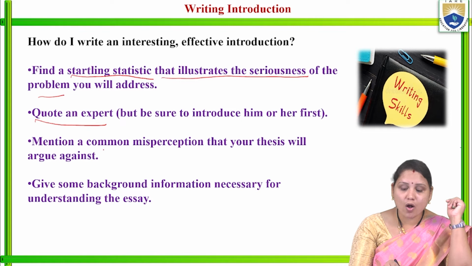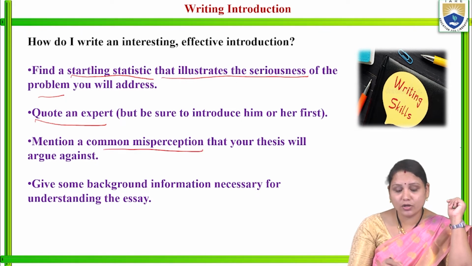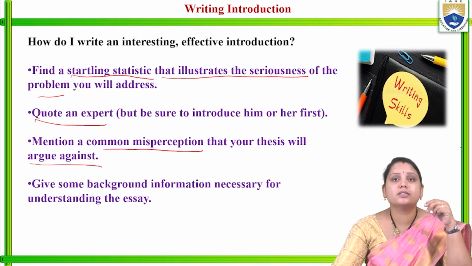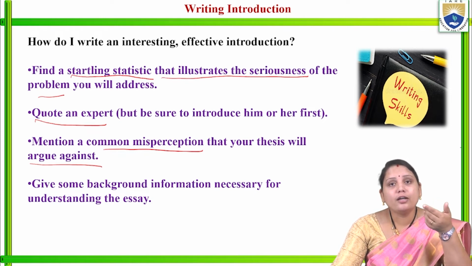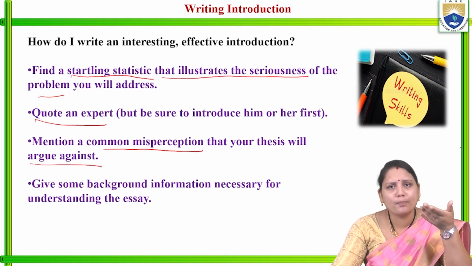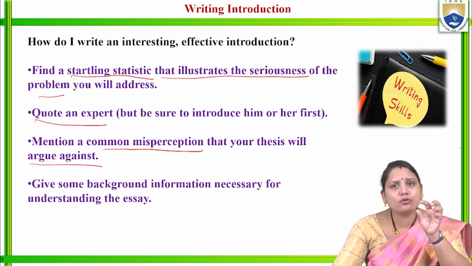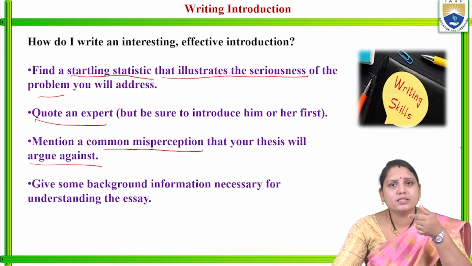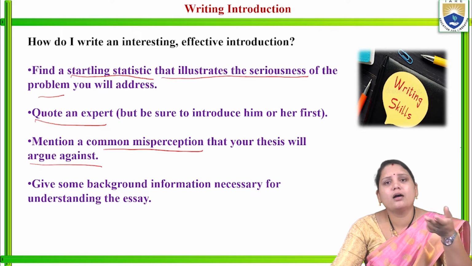Next, mention a common misperception that your thesis will argue against. That means you are going to introduce a misconception on which you are going to argue in your thesis. That means oppose. That is, you are going to show that this is what is here, but I am not agreeing to that.